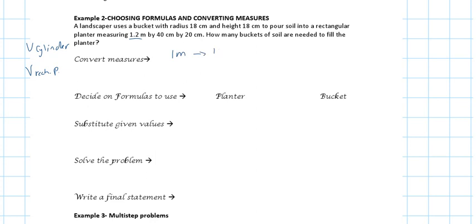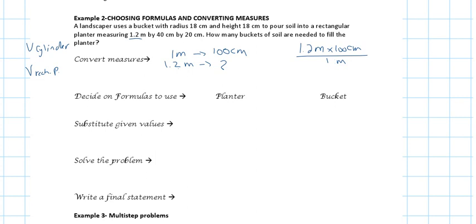You have 1.2 meter. How many centimeters is that? Multiply by what? So multiply 1.2 meter by 100 centimeter, and you divide by 1 meter. Okay?